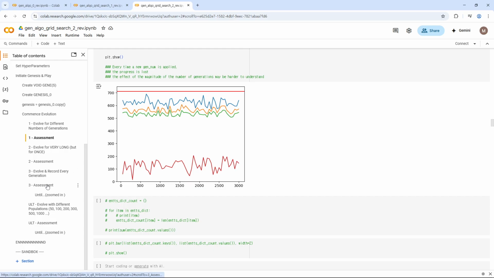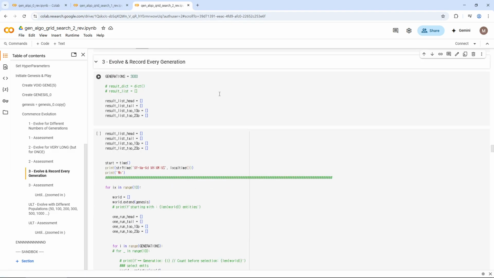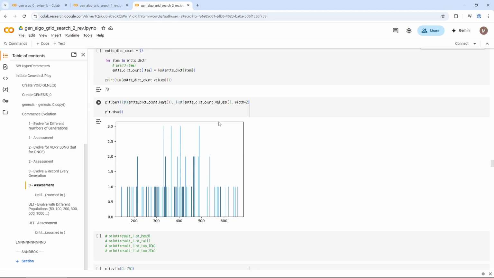Number 3 is recording for every generation, for 3,000 generations, but for 50 entities. And here is the distribution. Because there are only 50 entities, it kind of looks like a normal distribution, a bell curve, but it's barely that.